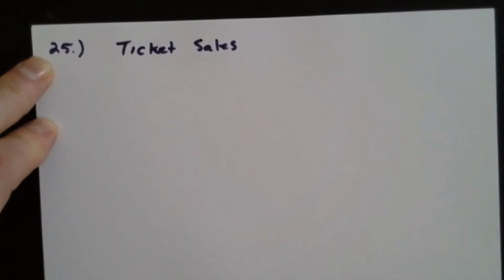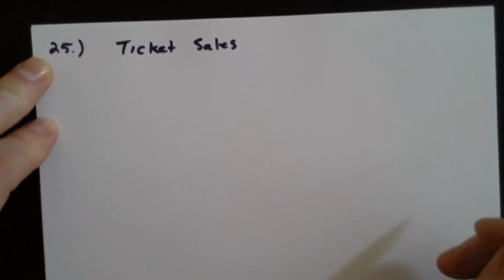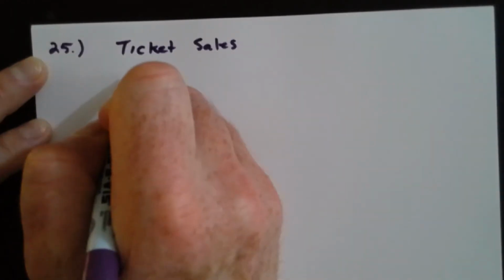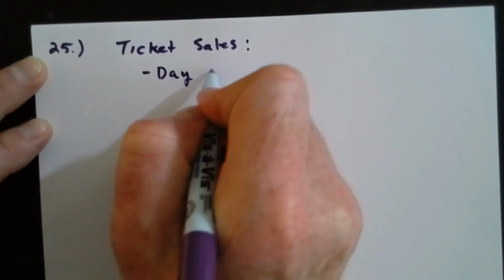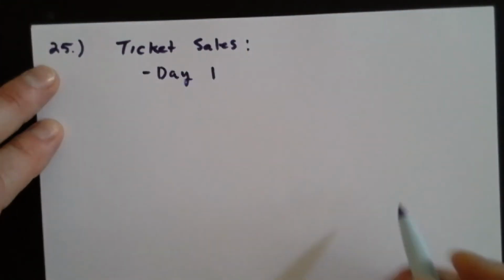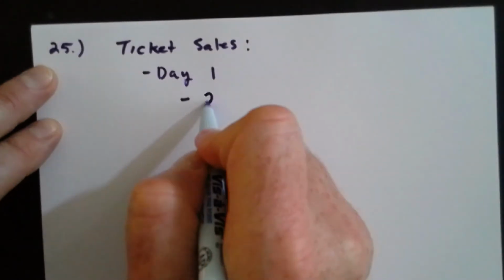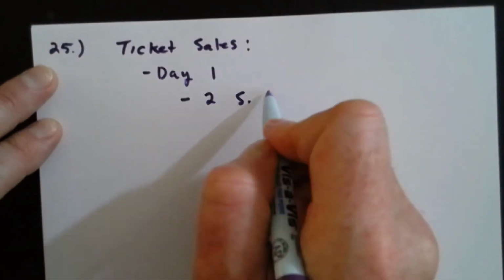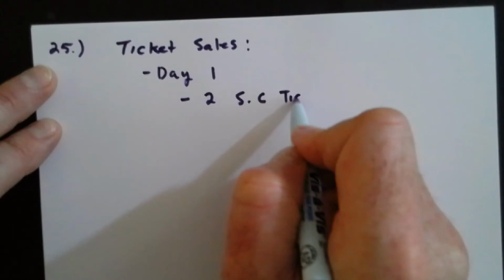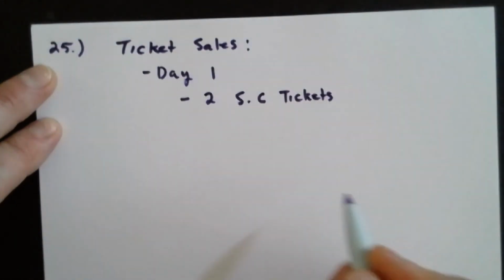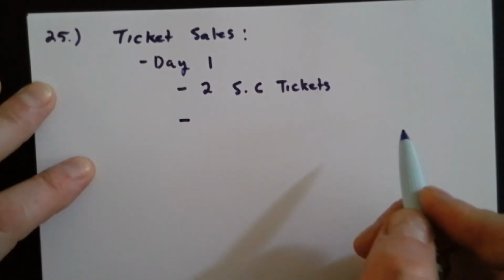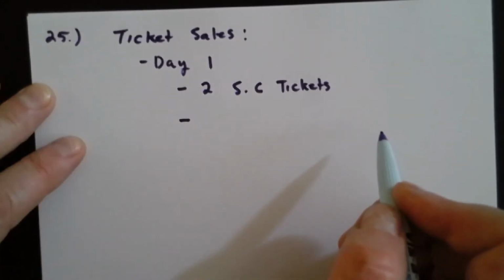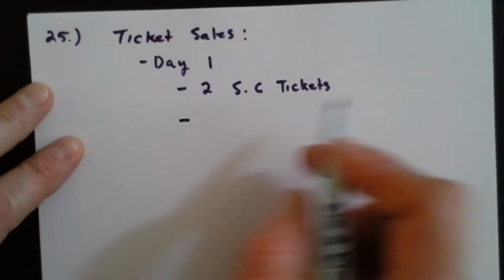On the first day of ticket sales, the school sold 2 senior citizen tickets. So day 1, ticket sales. Day 1. We have 2 senior citizen tickets. We have 10 student tickets.